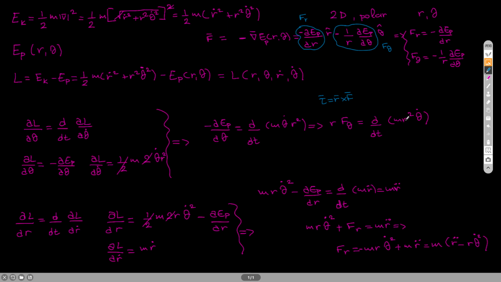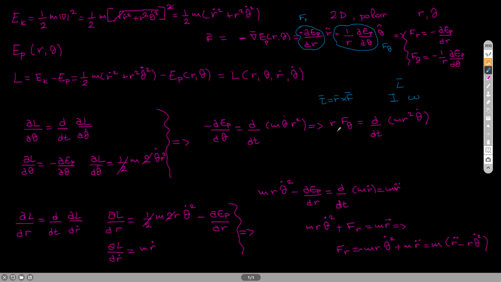But mr squared is related to the moment of inertia, which we use the symbol I, and theta dot is really omega. And if you recall from introductory physics, the product of I times omega is related to the angular momentum, the spin angular momentum, but it is related to the angular momentum anyway.